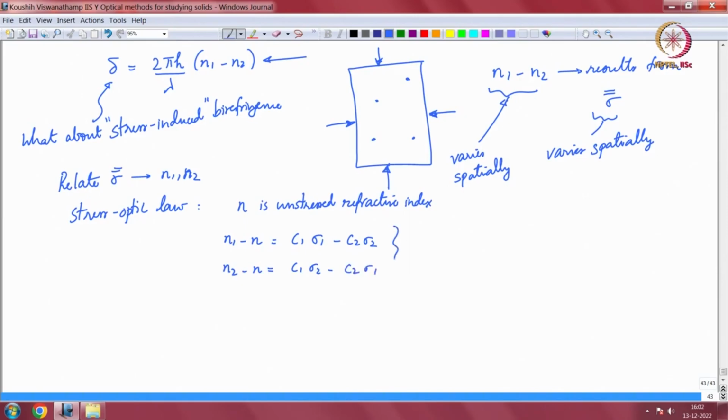I will explain what these terms are in a second. N1 and N2 of course are the two refractive indices. C1 and C2 are material constants, and sigma 1 and sigma 2 are called the principal stresses.